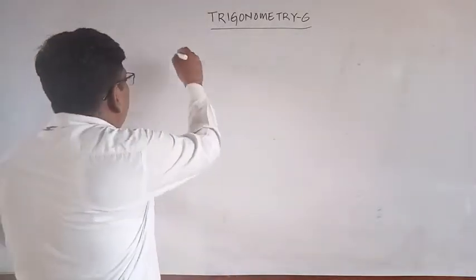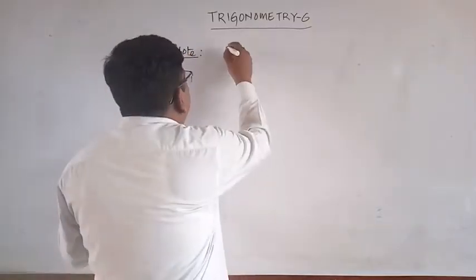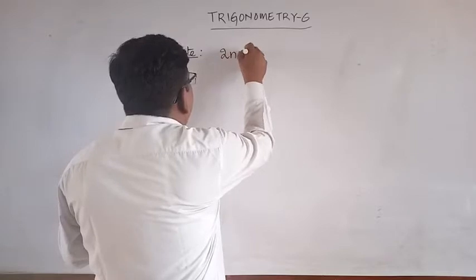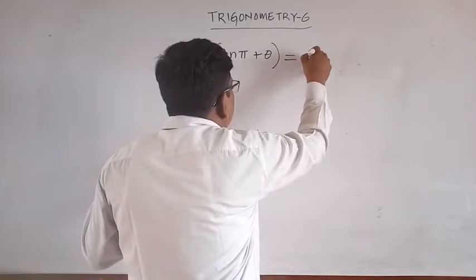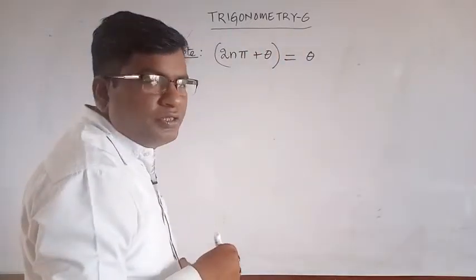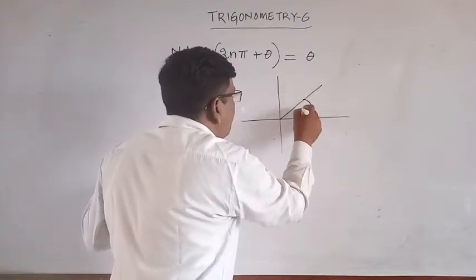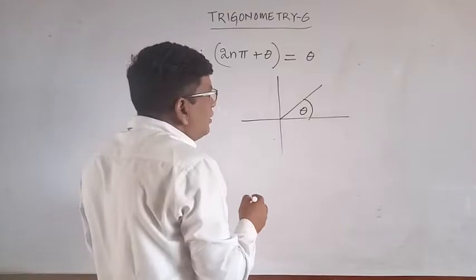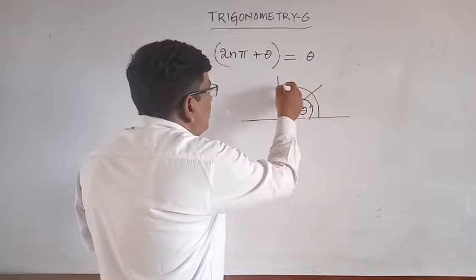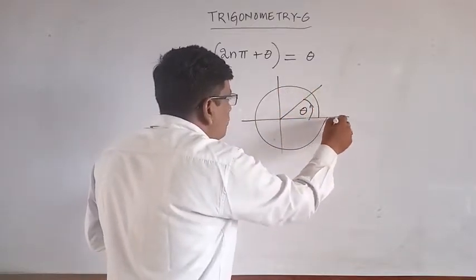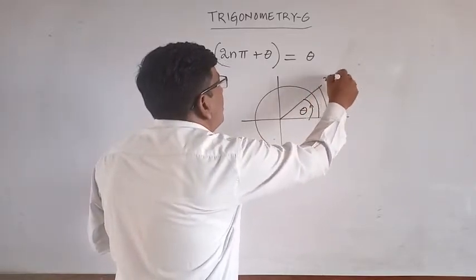So one note you have, that is 2n pi plus theta is always equal to theta. How is it? Suppose this is theta. If we rotate like this, this is 2 pi, and this point is 2 pi plus theta.